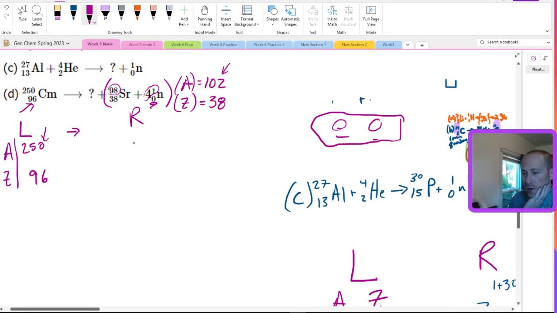Because on our right side, the total we have before we add in whatever the question mark is, that's the A and the Z. So the question mark must account for whatever this difference is. So the difference between 250 and 102 is 148.